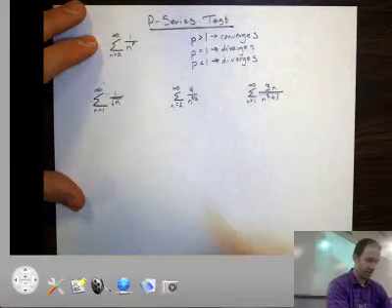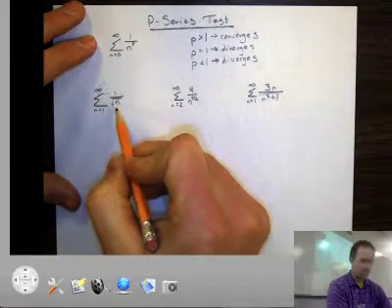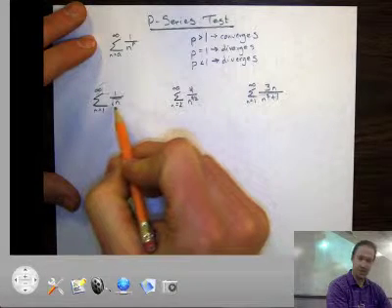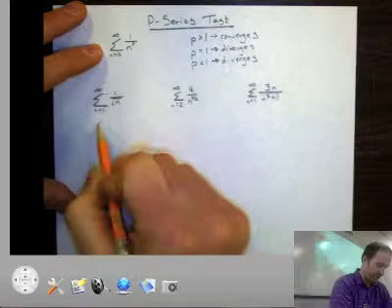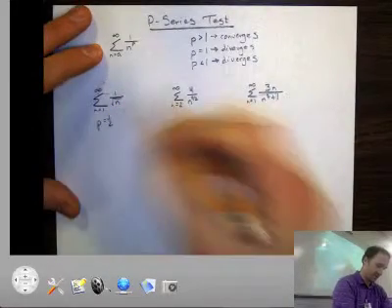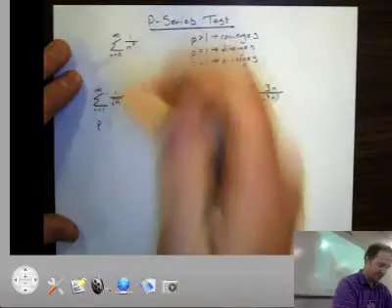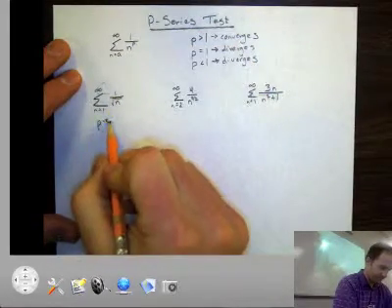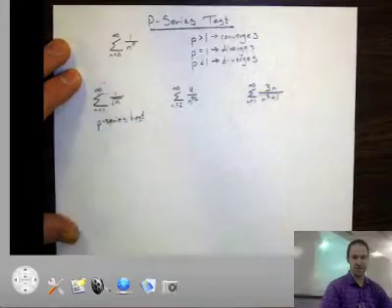So let's take a look here. Now here we've got 1 over root n. So we've got a 1 on top, that's what we need. The power on the n here doesn't look like there's a power, but there really is. Square root is to the 1/2 power. So p is 1/2 here. I'm going to model what I want you to do. We're going to use the p-series test, so I'm going to write that test down.